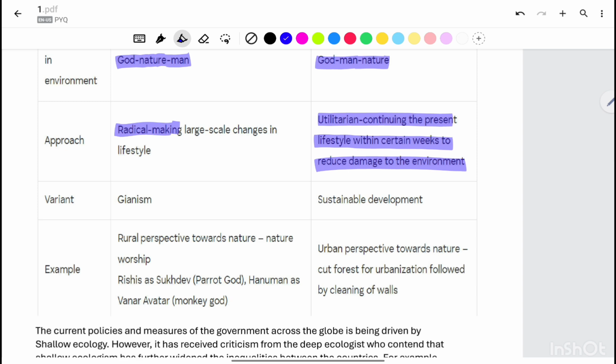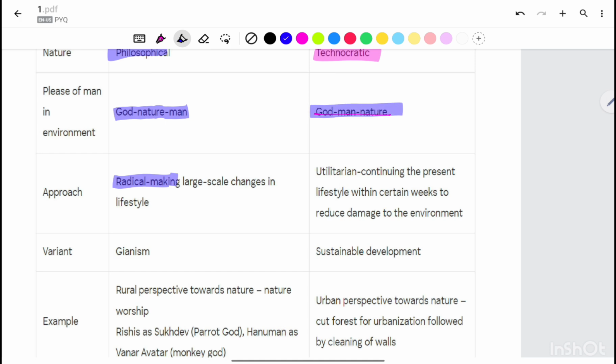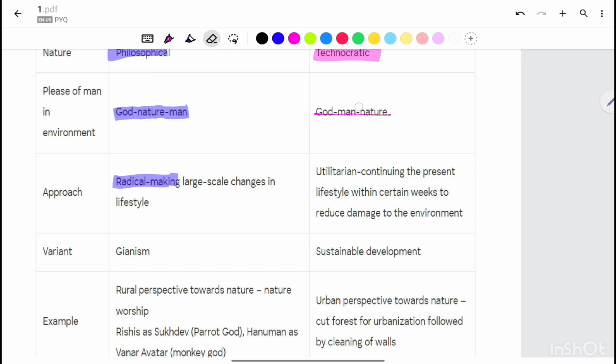Little lifestyle changes here, like converting transport machines from petrol to green hydrogen. But in deep ecology, you are stopping the use of the machine itself. That is how radical you are going here.